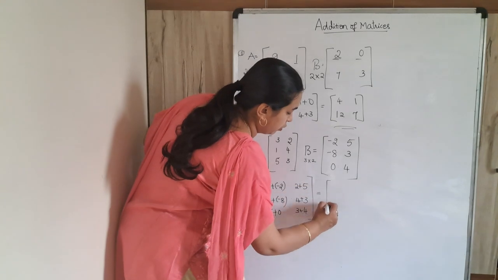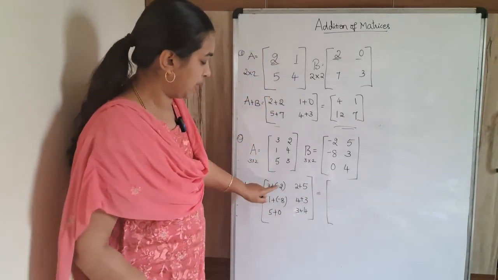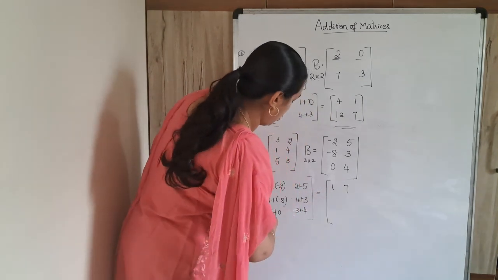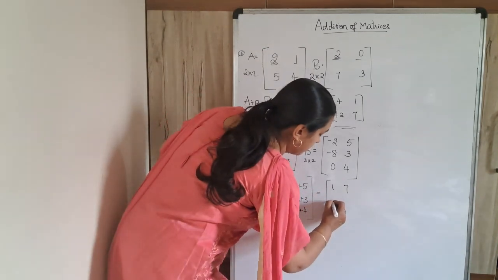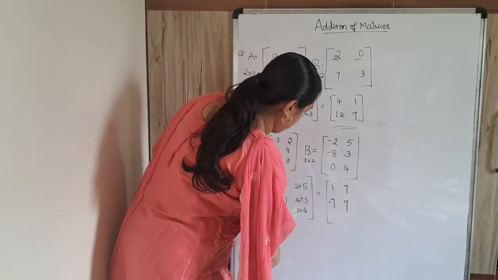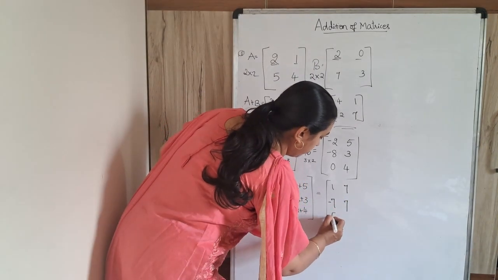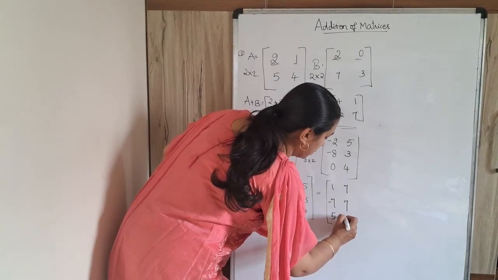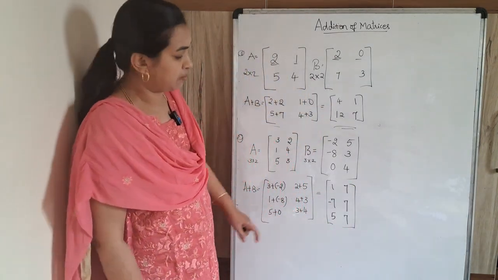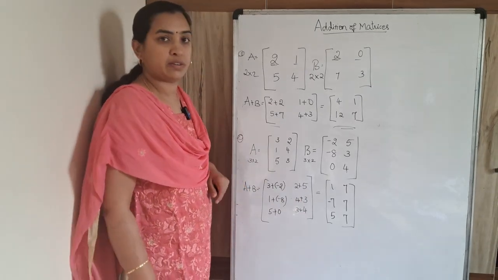So this will give you, see, 3 minus 2 is 1, 5 plus 2 is 7, 1 minus 8 is minus 7, 4 plus 3 is 7, 5 plus 0 is 5 and 3 plus 4 is 7. So this is your resultant matrix and it is also of the order 3 cross 2.